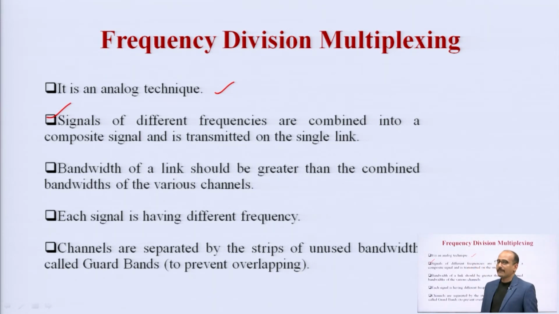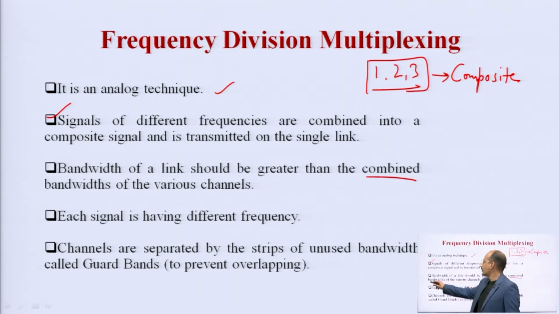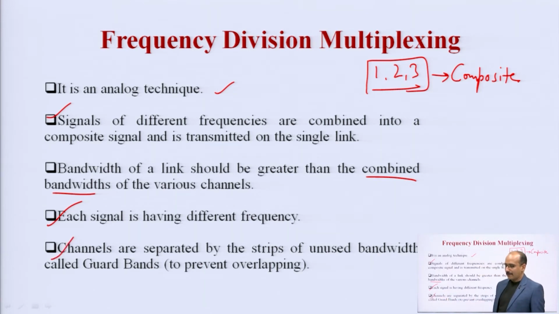It means I get the data from users 1, 2, 3, combine those signals and make a composite signal, using the combined bandwidth of the various channels. Also, each signal has a different frequency, and the channels are separated by a strip of unused bandwidth called a guard band.